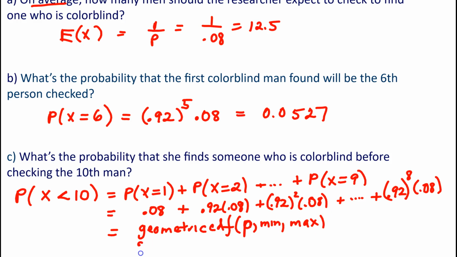So in this case, it's going to be geometric CDF, and the probability of being colorblind is 0.08, and the lowest value we're looking at is when X is 1, and the highest is when X is 9.